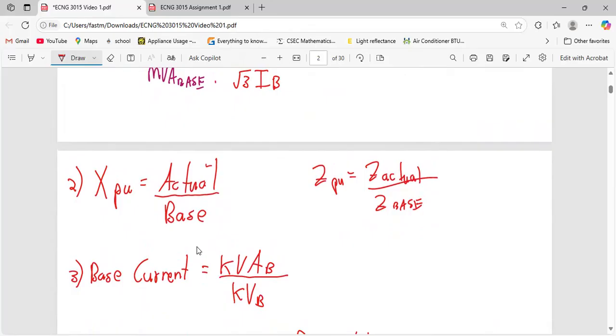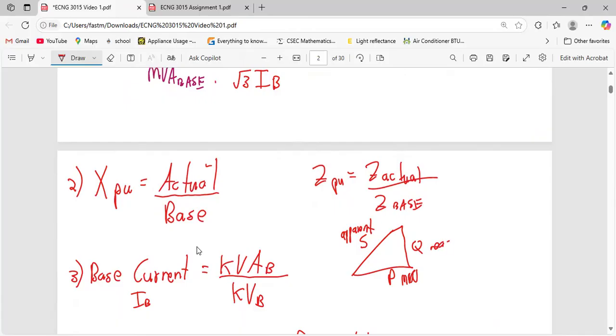Alright, so base current, which is I base. So I base is kVA base, which you will know, divided by the kV base. Normally these two cancel, so it will just be your VA. On the triangle, you have your Q, your P, and your S. So there's your real power, megawatts, there's your reactive, and there's your apparent power.